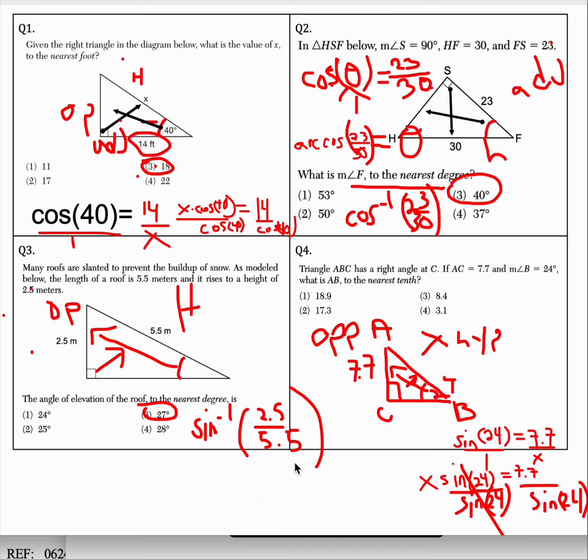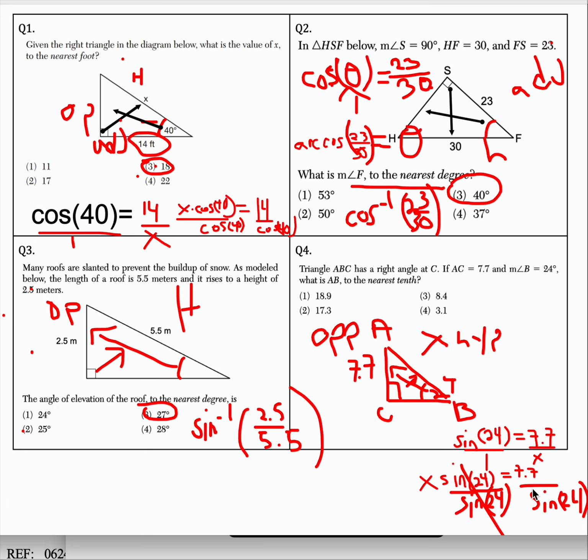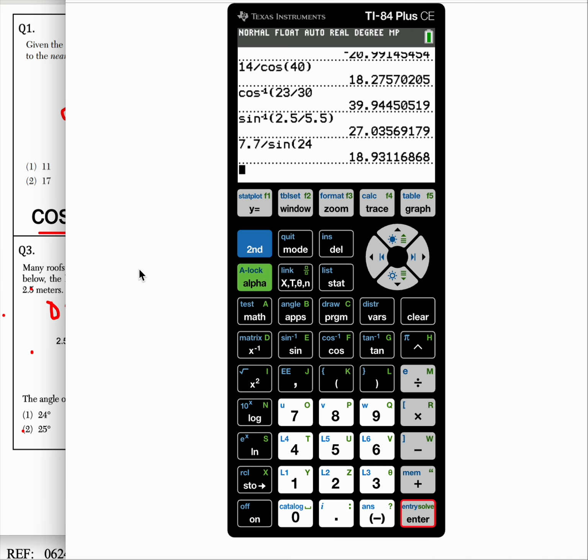Okay, so x equals 7.7 over sine 24. 7.7 divided by sine 24. Okay, 18.9. Oh well, 18.9 is there, because I didn't look at the next number because it's the nearest tenth.